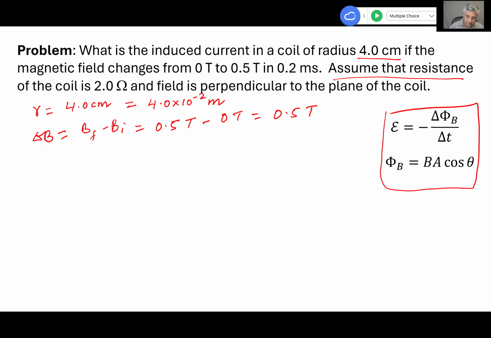Assume that the resistance of the coil is that. If we want current, then we have to have resistance. So lowercase r is for radius and uppercase R is for resistance. The different notation. And it says field is perpendicular to the plane of the coil.